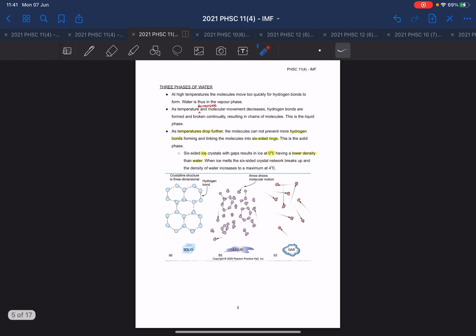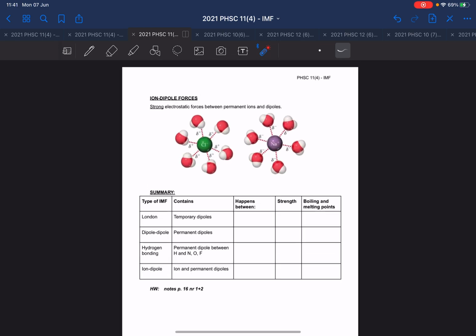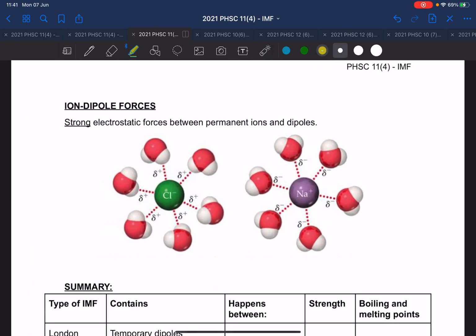And now we looked at 3 phases of water. Now we're going to look at ion-dipole forces. It's also very descriptive. It's between an ion. So what is an ion? An ion is something that is positive or something that is negative, and a dipole that has a positive and negative side.